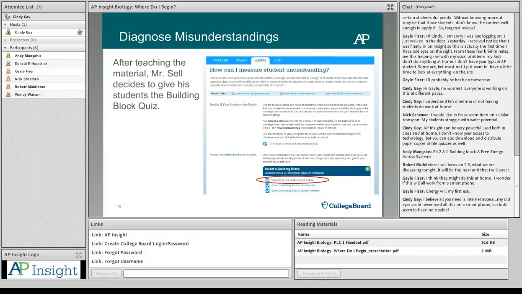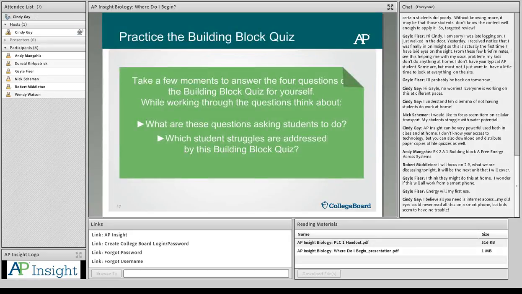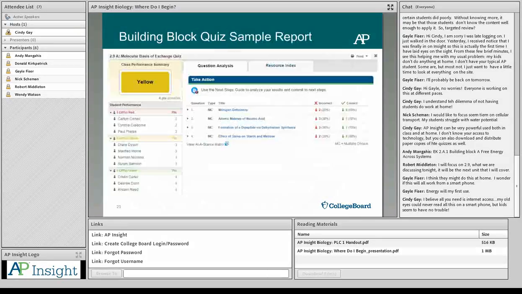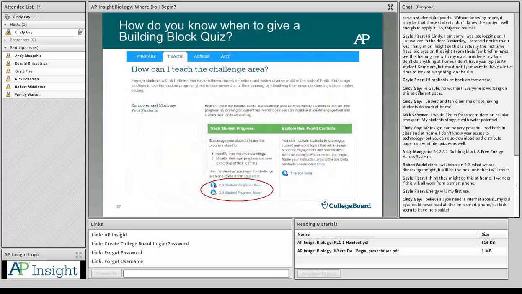But the second column is my absolute favorite, and it lists common misunderstandings. It talks about where students might potentially struggle. It's always really handy to get other people's viewpoint on how students might be struggling and anticipating what their misconceptions actually are. So I would encourage you to take a look at that as you're looking at these challenge areas, because that's a super handy reference.